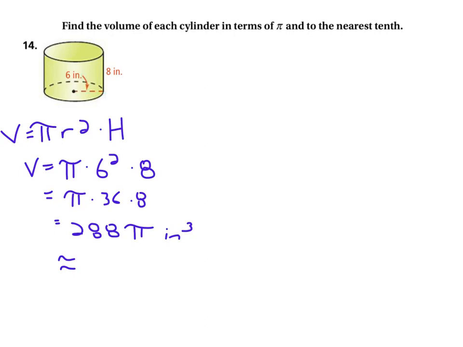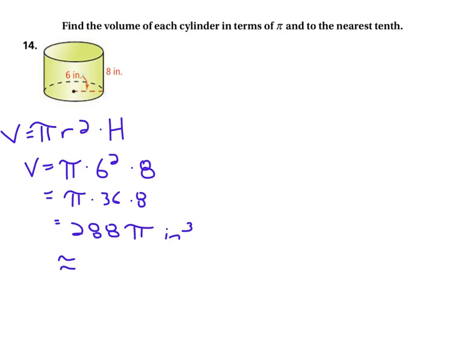So either it's going to round up to the next place in the tenth place, one higher, or it's going to stay the same before you drop off all the other digits. So I'm going to let you do that yourself, and that answer's in the book somewhere. But if it's 288 pi inches cubed for the in terms of pi, then you're good.